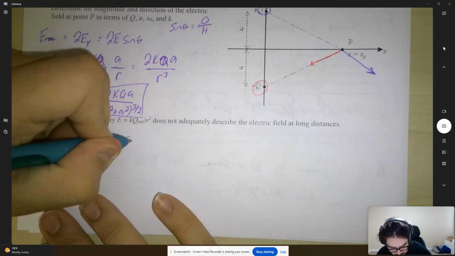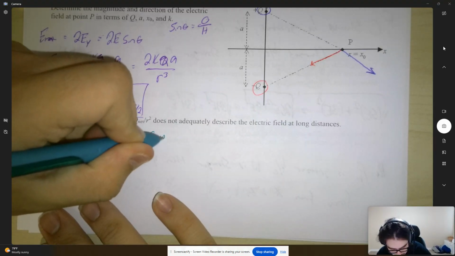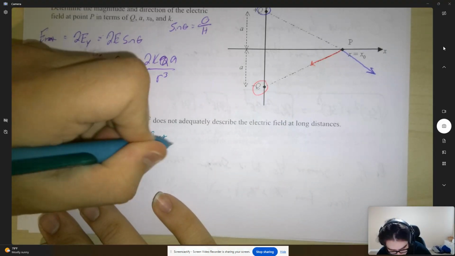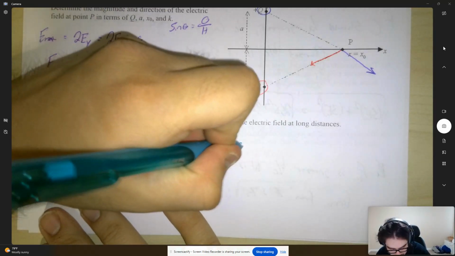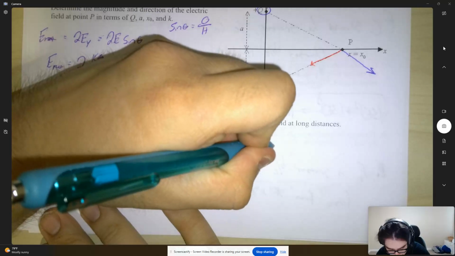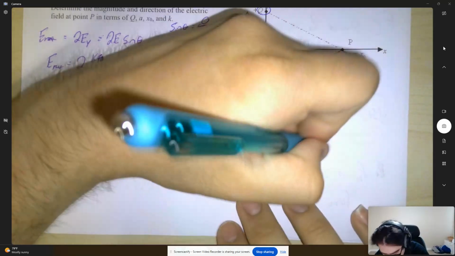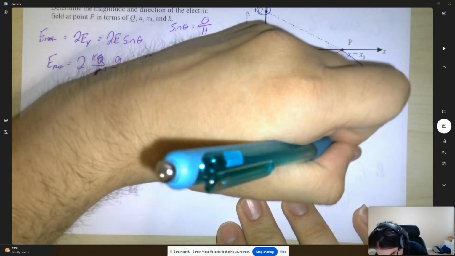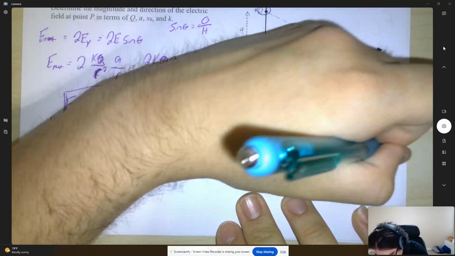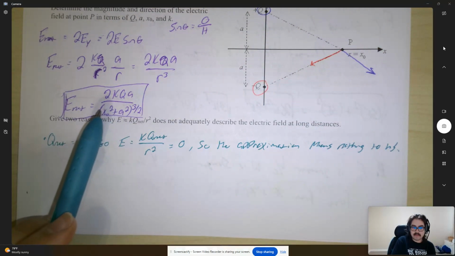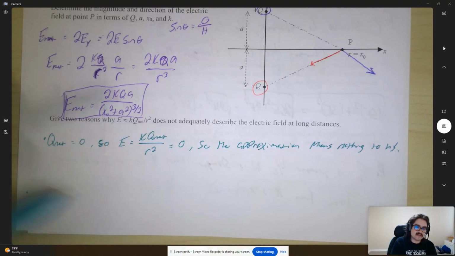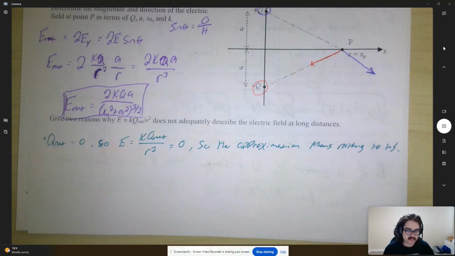So E equals k Q net over r squared would be equal to 0 as well. So the approximation means nothing to us. We know for a fact that there is an E field at the point. However, this is telling us 0. It means nothing to us. It doesn't tell us anything.